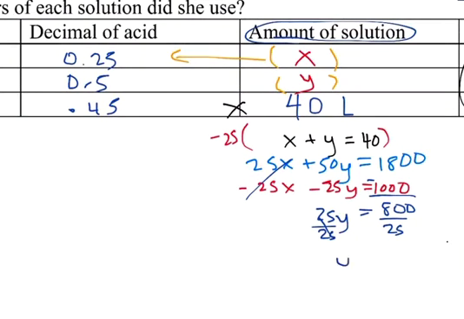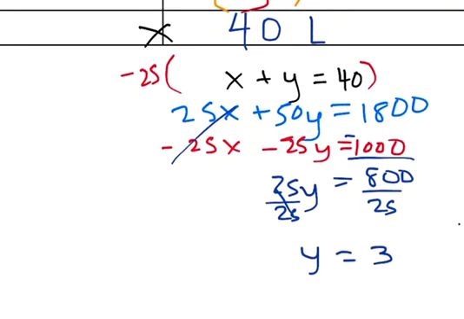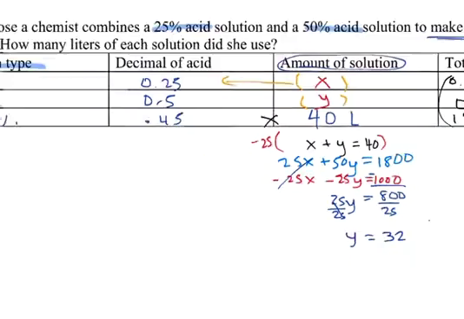Y is 32. I'll use the calculator just in case, because I don't want to be wrong since it'll mess up your other spot. I'm pretty sure I'm right. Yep, 32.